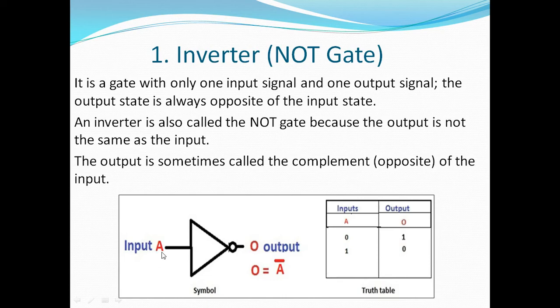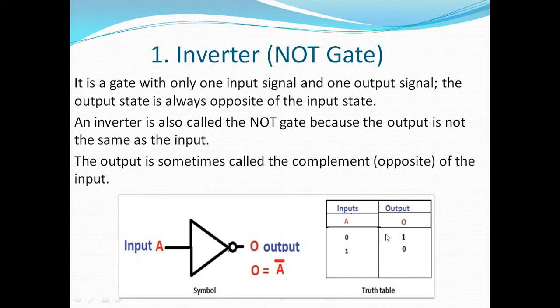Whatever the input is, suppose input A we are sending through this gate. This is the symbol for the NOT gate, this triangle with a circle. So whatever input we are sending is complemented. That means if we are sending 0, that will be 1 here. If we are sending 1, that will be converted to 0.